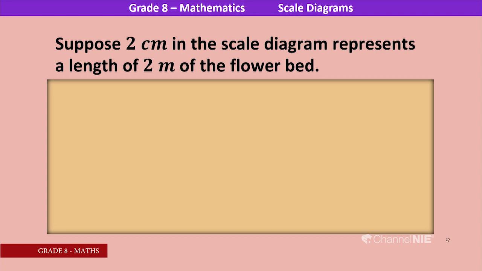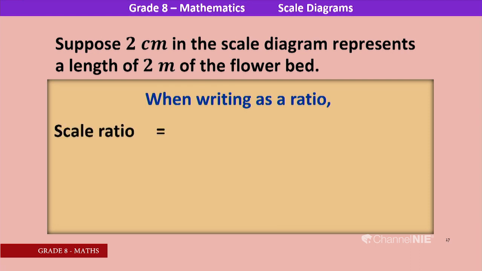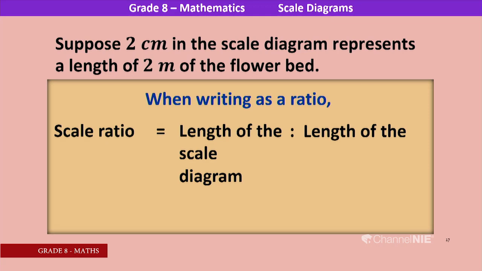Suppose 2 centimeters in the scale diagram represents a length of 2 meters of the flower bed. When writing as a ratio, scale ratio, length of the scale diagram is to length of the actual object. When writing as a ratio, you have to use this format.